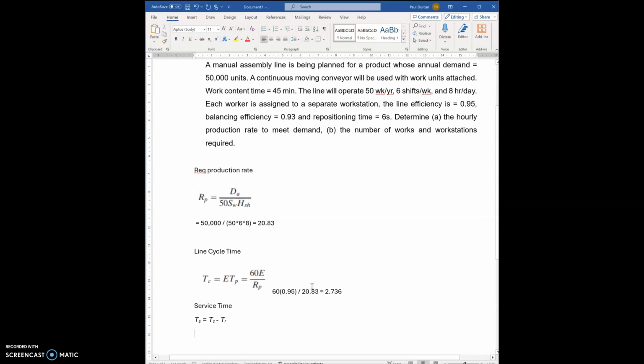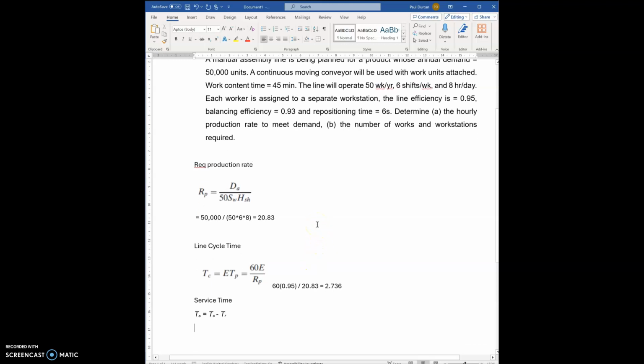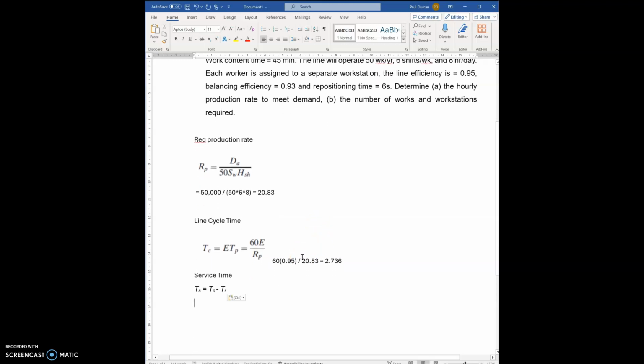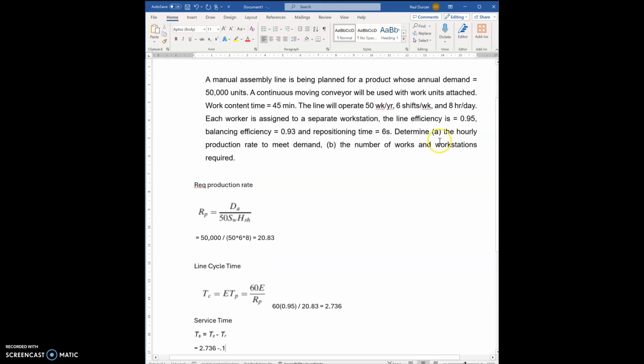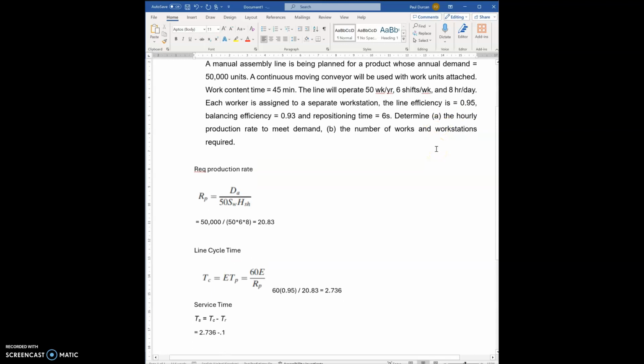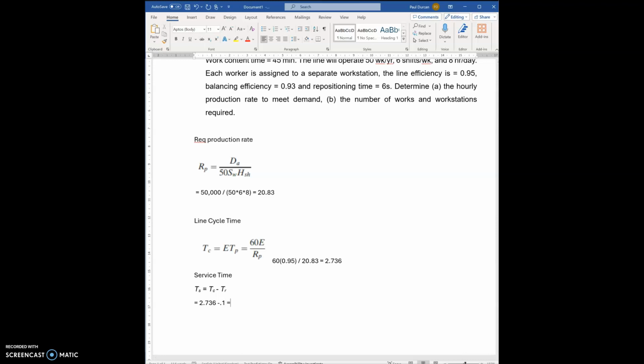Our service time is going to be equal to our 2.736, our line cycle time, minus 0.1, or TR. That is going to be equal to 2.636.